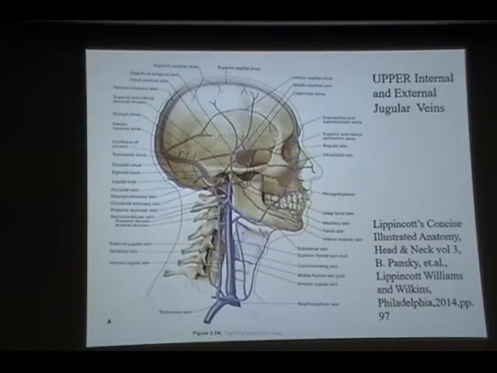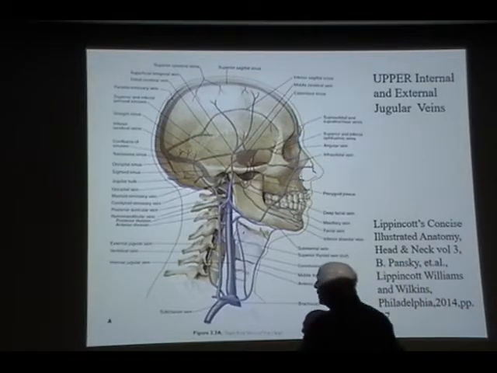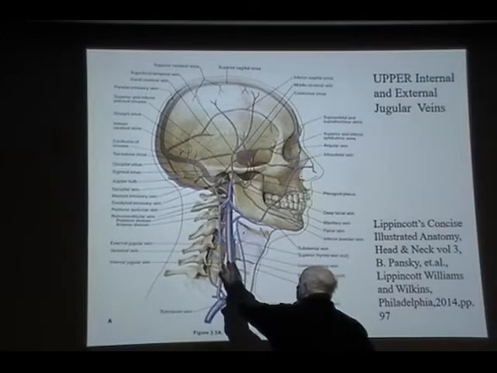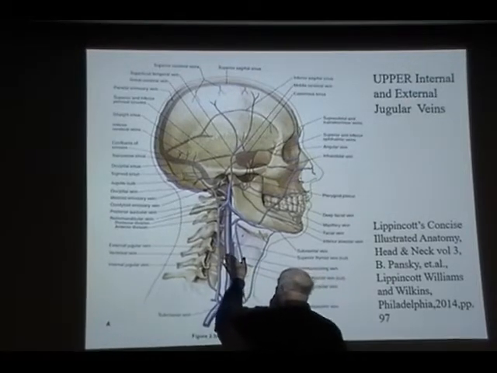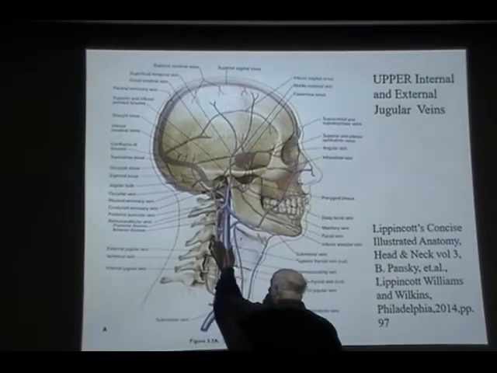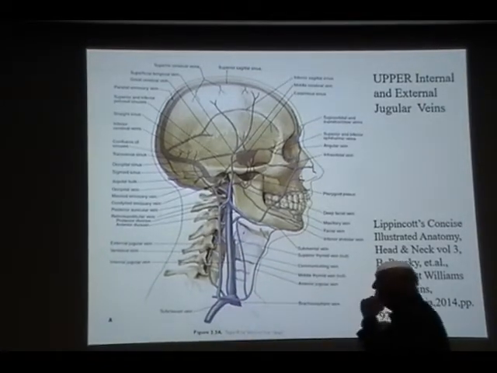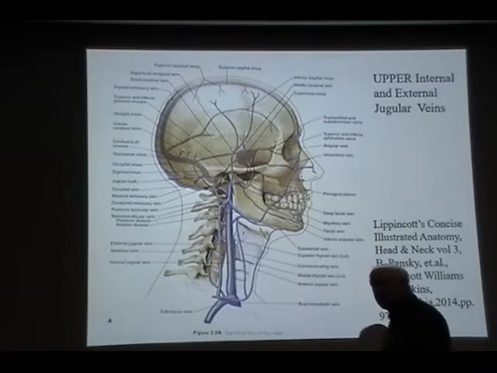Okay, here's another view, and what we see here is an interesting relationship. Between this large vein and this smaller, thinner vein would be a muscle running across the large vein, and the smaller diameter vessel would be on top of it.